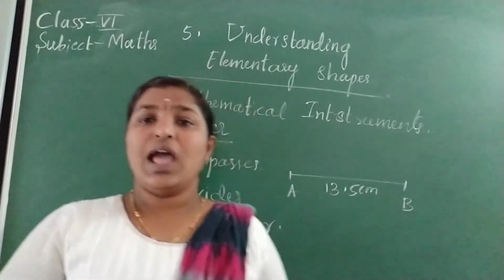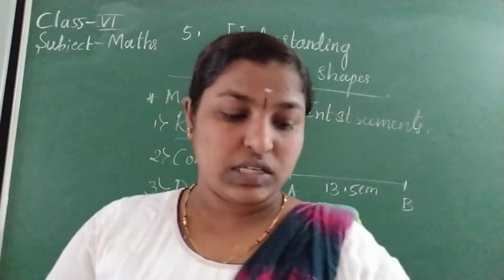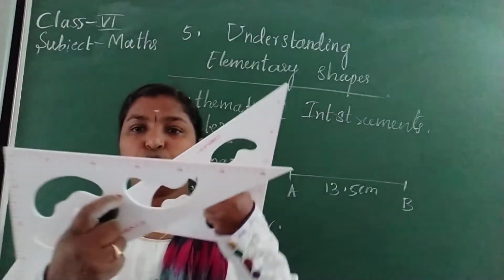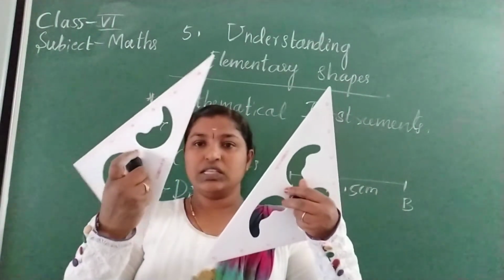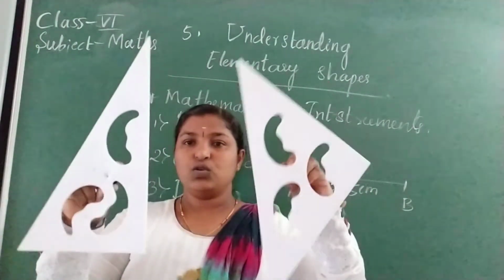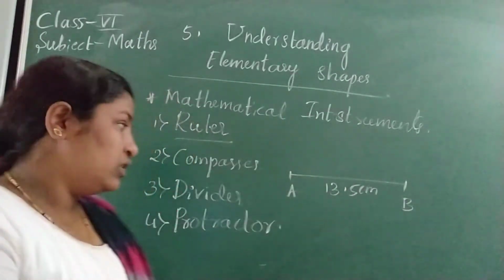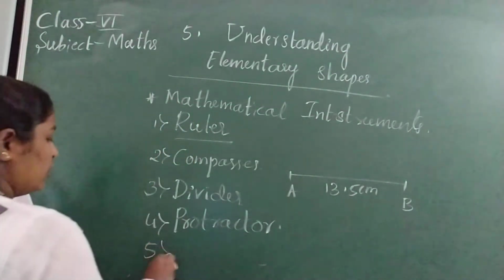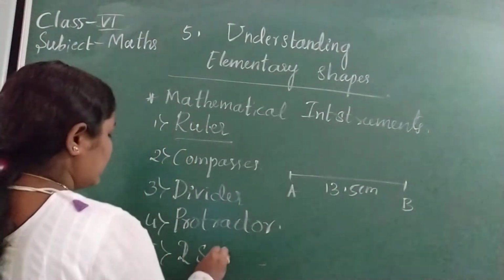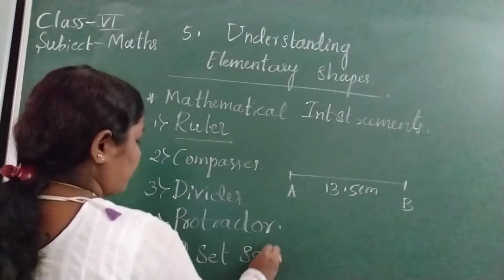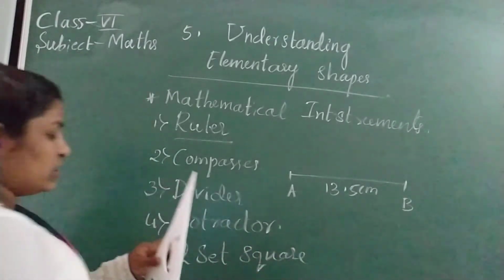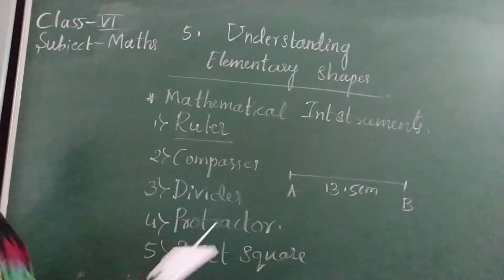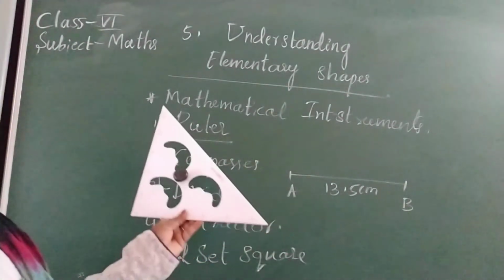And again you will have two set squares. These are two set squares. You can see this. Fifth one, two set squares. So in this, one set square will be having this one.